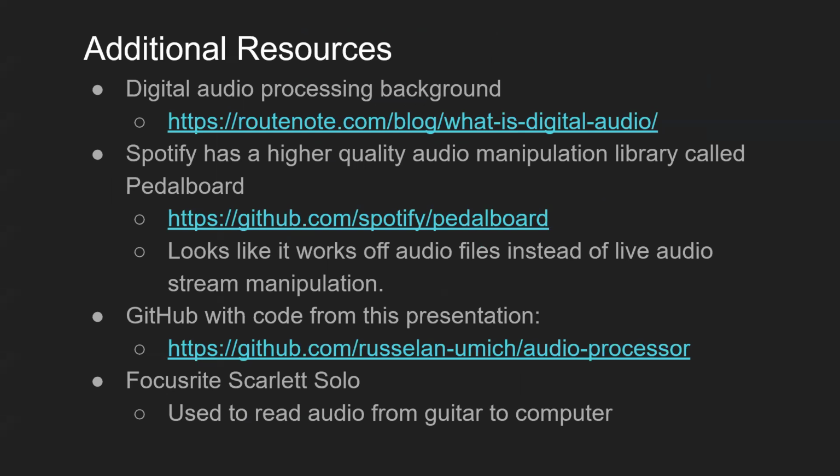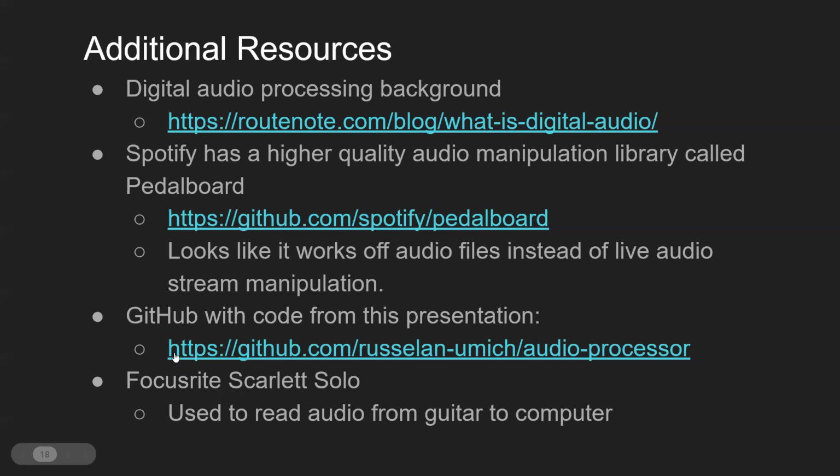When I put the slides together, it was only working off of audio files versus trying to do a live manipulation. But if you have some kind of professional effect and want Python to do it, that's a potential. I have the link to the GitHub, but I'll put that in the slides in the Discord.